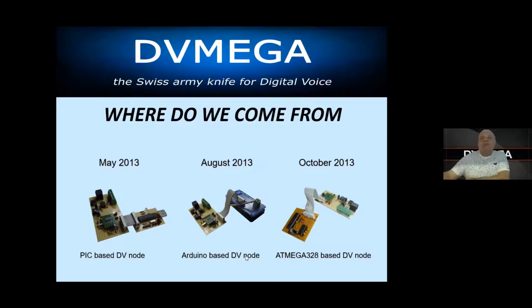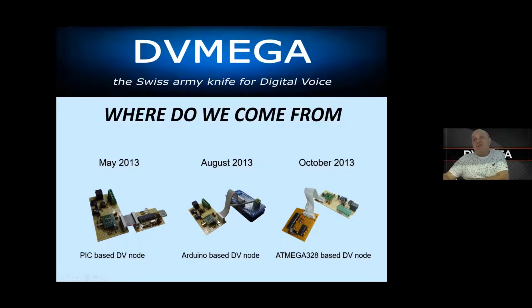So this was the first GMSK modem for D-Star I made. I had no intentions to produce in quantities. It was just to learn about the protocol and how digital modes work.